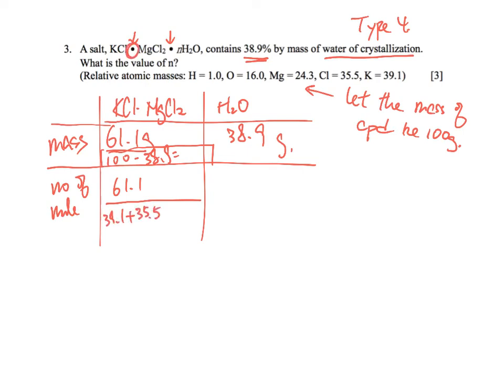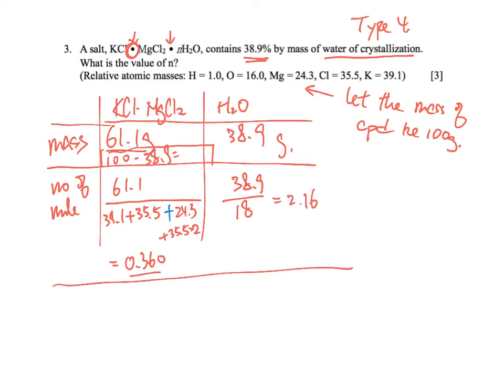So 61.1 divided by the sum of everything. Remember this dot represents plus, so don't mix it up, not multiply. So 39.1 plus 35.5, plus 24.3 plus 35.5 times 2. After doing the math, you find that one will be 0.360, while the other one is 38.9 over 18, which will be 2.16.